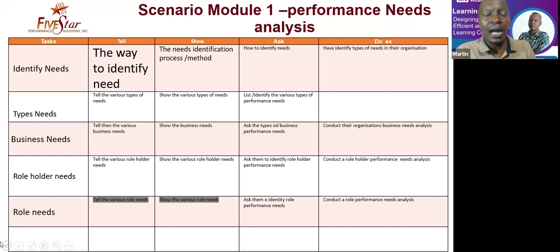Then, what we have on the tasks is actually the modules in that course. At the end of that module, this is the task that we want them to be able to perform. Now, note, we are not interested in topics. We are interested in what they can perform.